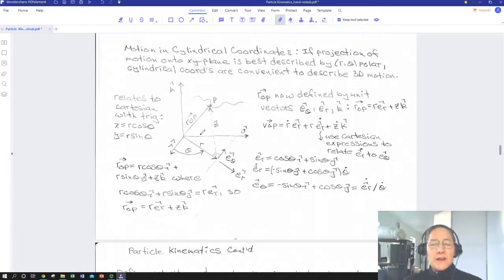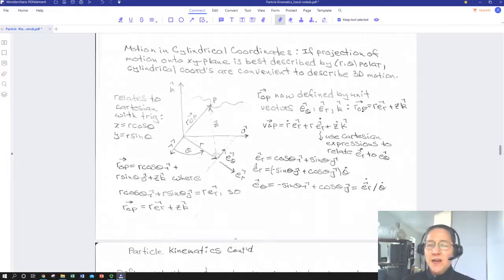So we can look at cylindrical and Cartesian superimposed. We have our Cartesian ijk, and then we've got an r at an angle theta from our x, and then position going up in the z to get our r_OP, which is effectively r in the r hat direction plus z in the k hat direction.